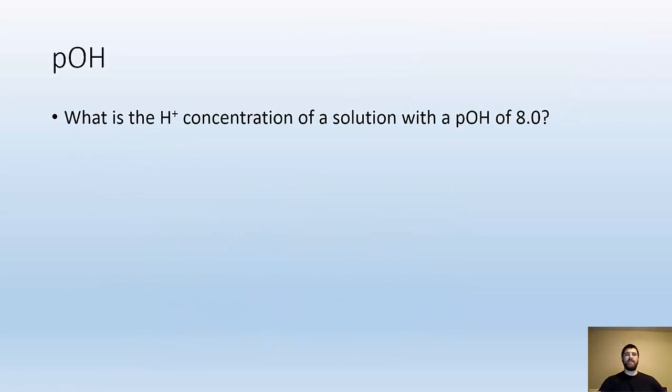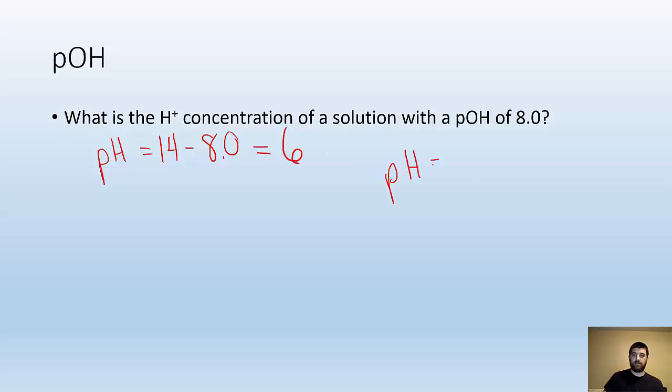All right, more about pOH. What is the H plus concentration of a solution with a pOH of 8.0? There's a couple of ways we can do it. If I know the pOH is 8.0, I know that the pH is going to have to equal 14 minus 8.0, which gives me 6. I also know that the pH is going to have to equal the negative log of the concentration of H plus.